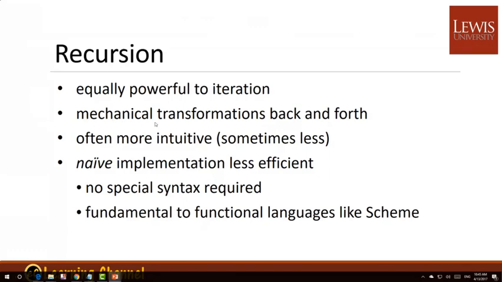And there is a mechanical transform back and forth. It is more intuitive for the recursive case, but the naive implementation is less efficient, and it actually takes more time because you have the push and pop of the call frame, and sometimes context switches are also involved. So it's fundamental to functional languages like Scheme.